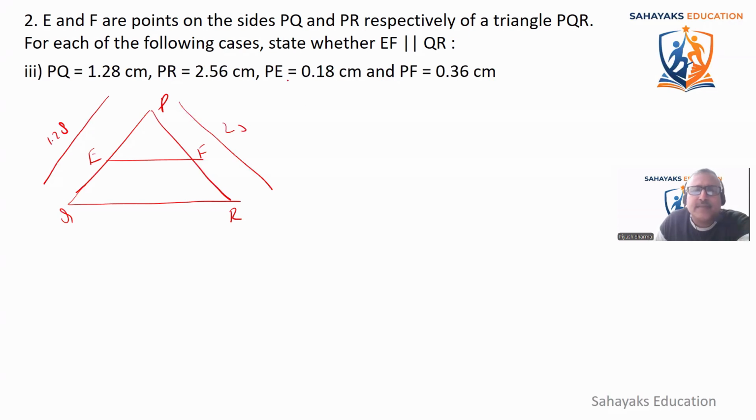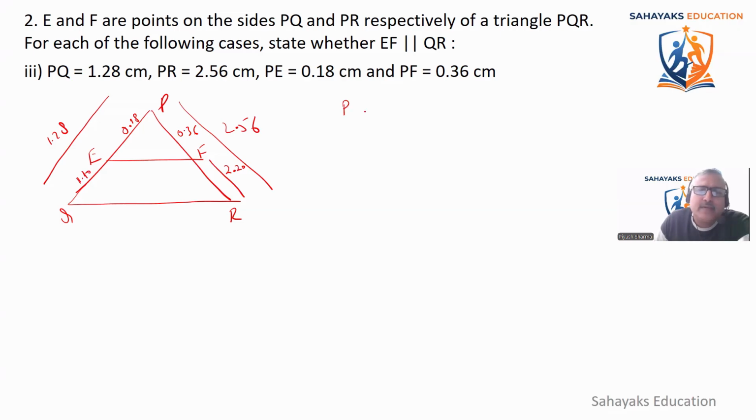Then they have given PE as 0.18. So if this is 0.18, what is left? It becomes 1.10. And they have given PF as 0.36. So this value becomes 2.20.